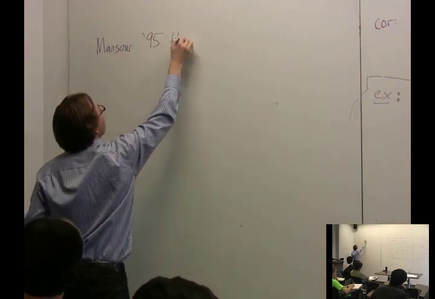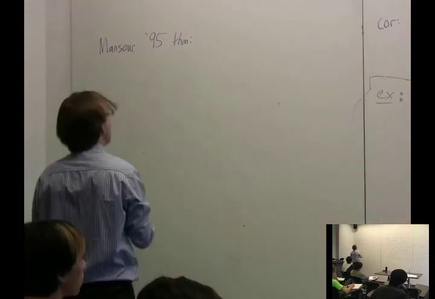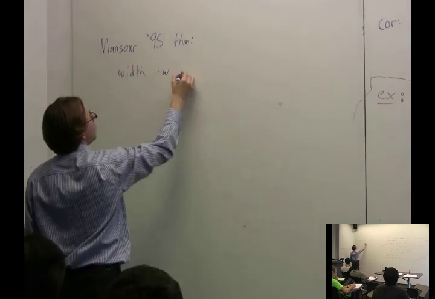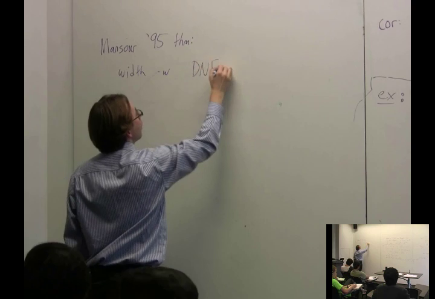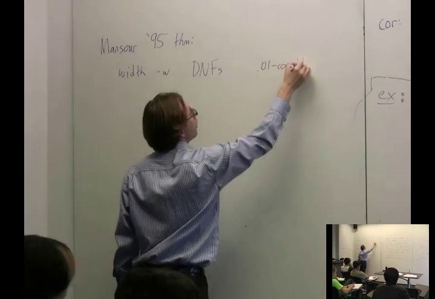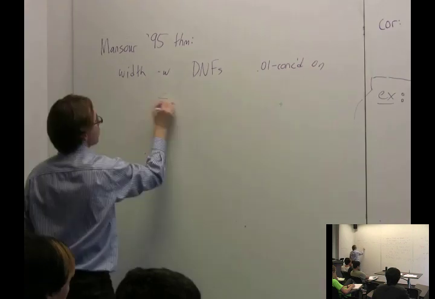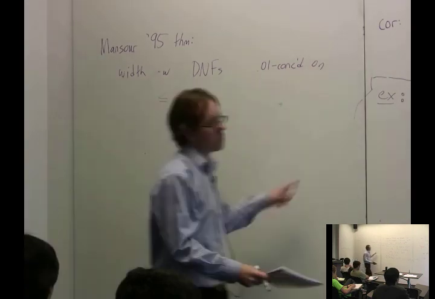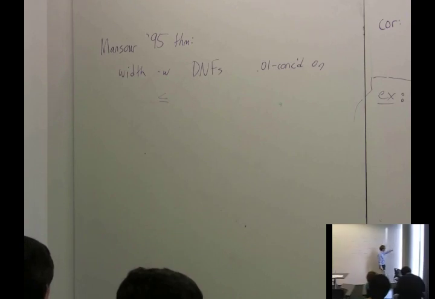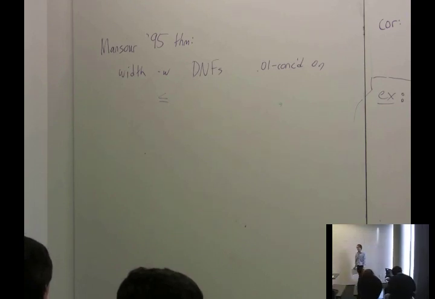He showed that width-w DNFs are 0.01, or epsilon, concentrated on at most, well, it's somewhere between n to the w, which is what we know from the total influence bound, and 2 to the w, which is what we're dreaming of.